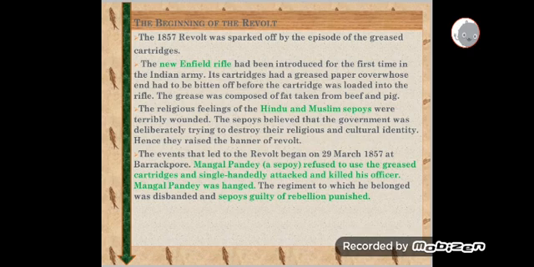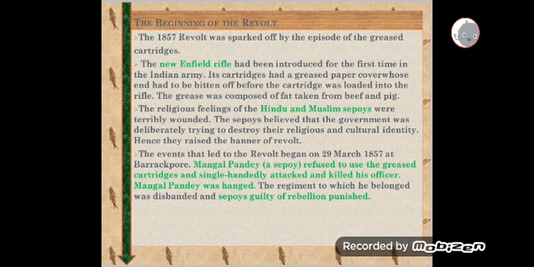The religious feelings of the Hindu and Muslim sepoys were terribly wounded. These sepoys believed that the government was deliberately trying to destroy their religious and cultural identity. Hence, they raised the banner of revolt.